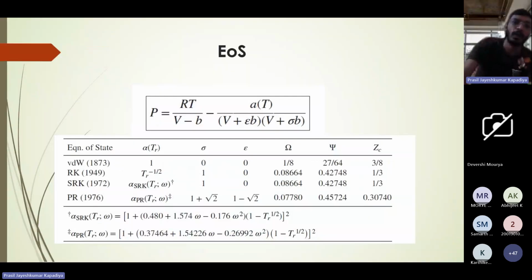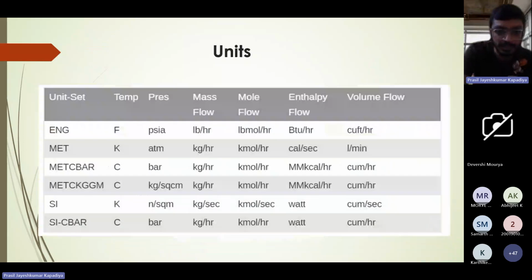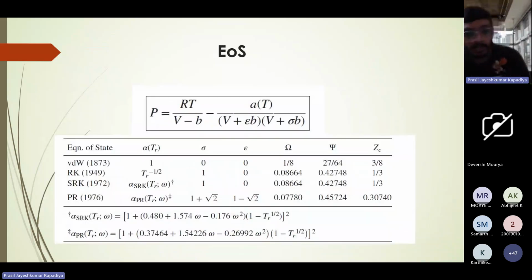Okay. So now units we have already discussed. Now equation of state, those I was talking about: Van der Waals equation of state, RK equation of state, SRK equation of state, PR equation of state for gas phase. I'm sure all of you must have learned these in your chemical engineering thermodynamics.